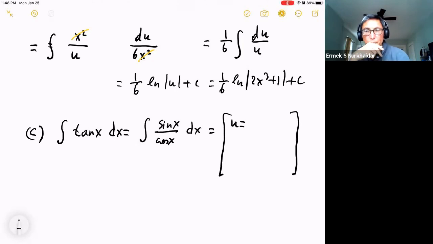So we have two options: we either do substitution with sine or cosine. Sine is as difficult as cosine, but keep in mind that cosine is on the bottom. So the denominator is more difficult than the numerator. Because of that, for substitution we pick the part from the more complicated, more difficult function. So u is supposed to be cosine x.